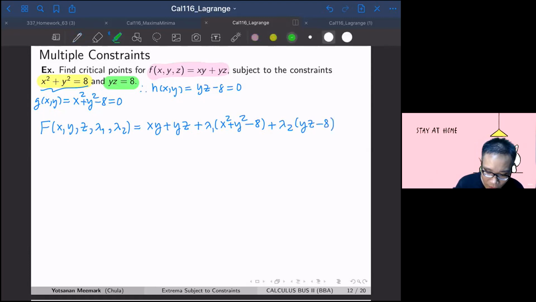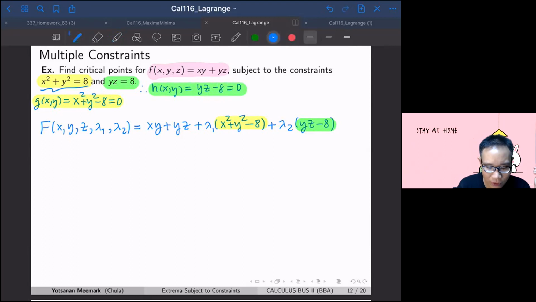So this one will be the yellow constraint and the green constraint respectively. You just apply the same idea to each constraint: for the yellow one you use lambda 1, for the green one you use lambda 2. If you have more than 2, you have plus lambda 3 and so on.